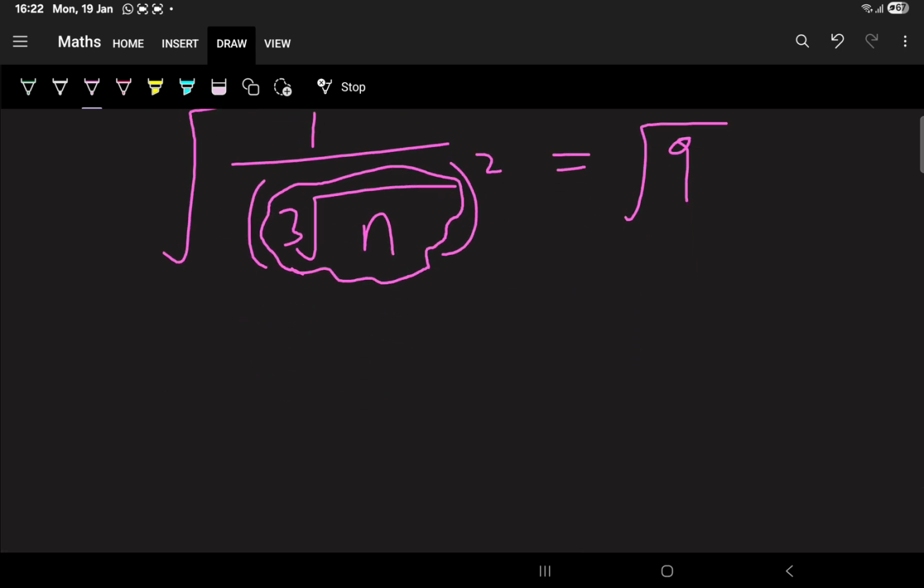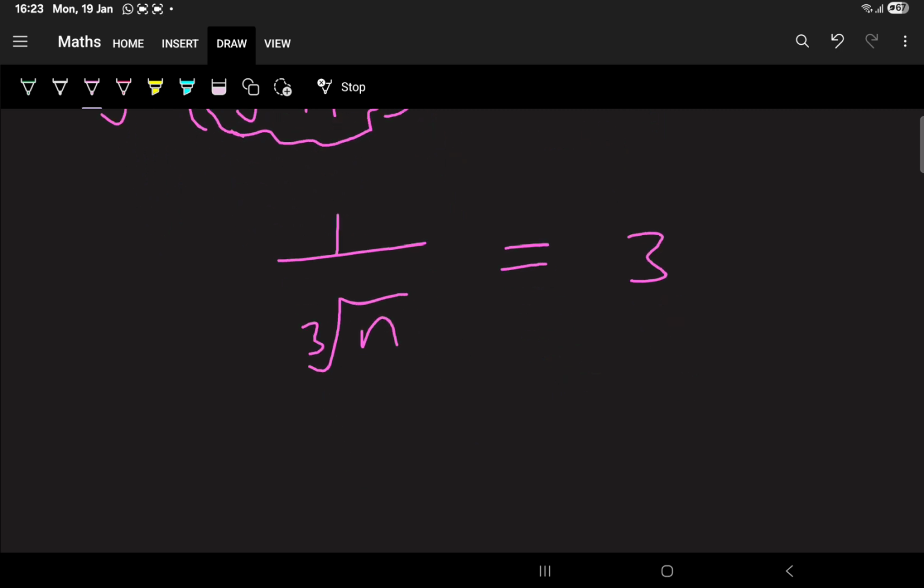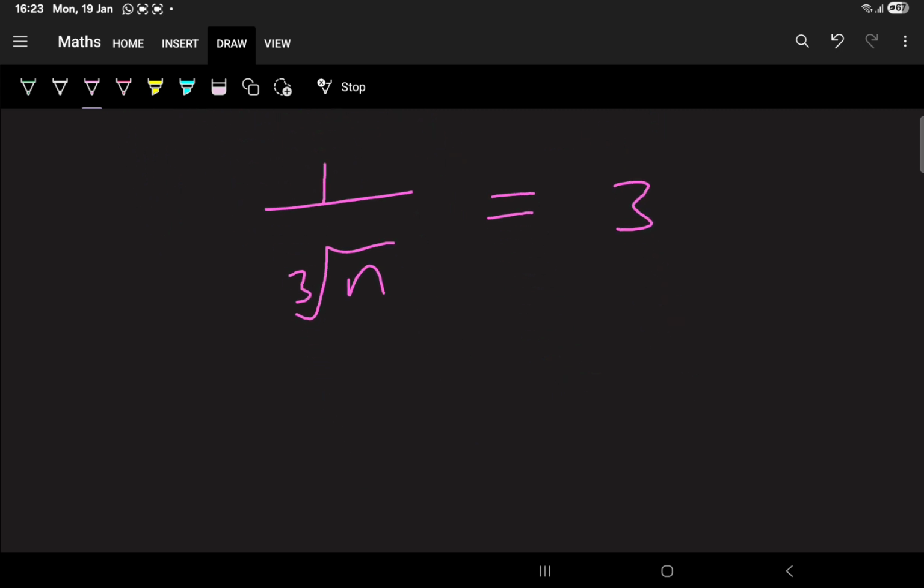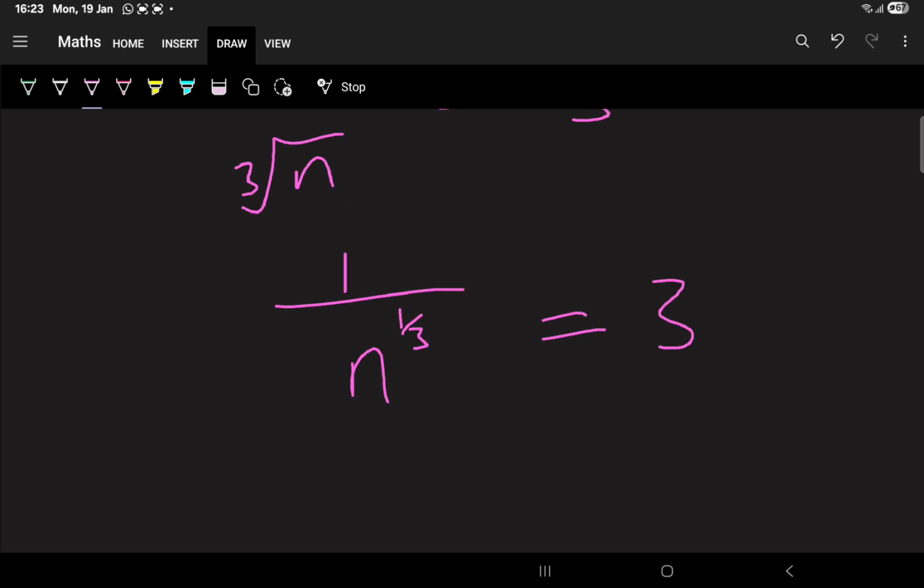Taking the square root of both sides, we have it to be 1 over cube root of n. Square root of 9 is 3. Now this cube root of n is the same as n to the 1/3 power, and this is equal to 3.